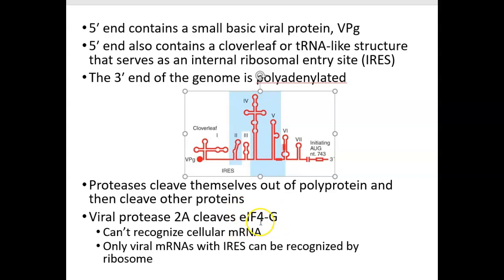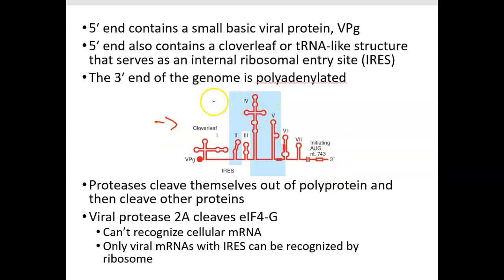When this happens, the ribosome can no longer recognize capped cellular messenger RNAs. So all cellular translation essentially shuts down because you don't have a working eIF4G. That means the only translation that can occur is through the IRES, which is pretty cool. That's actually pretty clever.